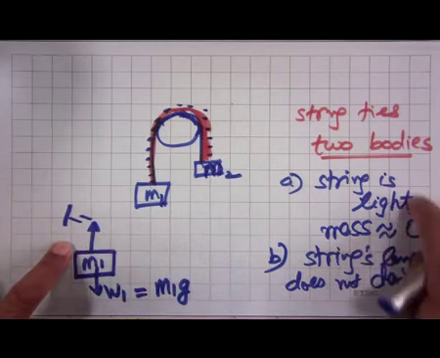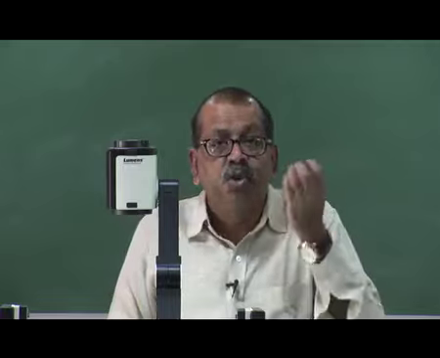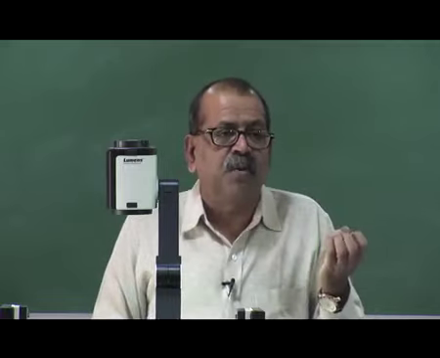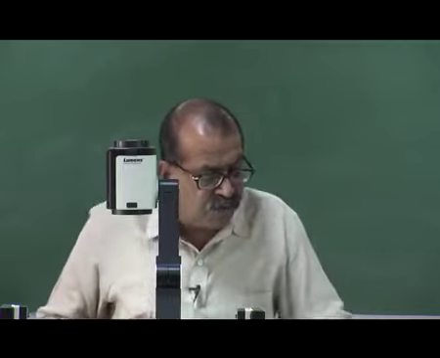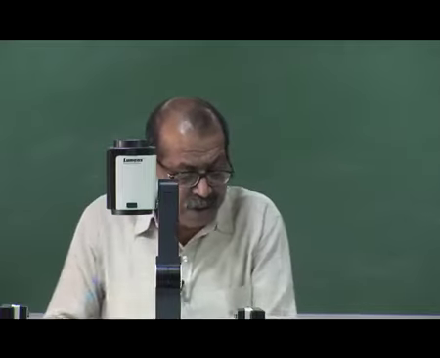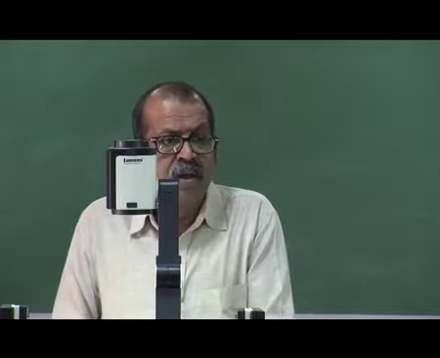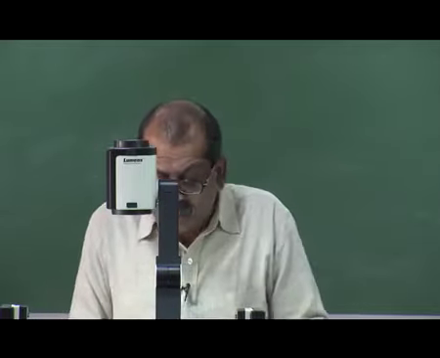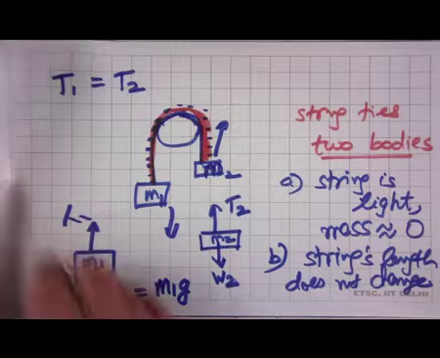So, therefore, the magnitudes of acceleration of bodies 1 and 2 will be identical. And these sort of constraints you will have to work out when you solve the problems. We will look at more details of these in specific cases, but I am just pointing these out to you. So, therefore, this is how we show the forces due to a string on bodies.